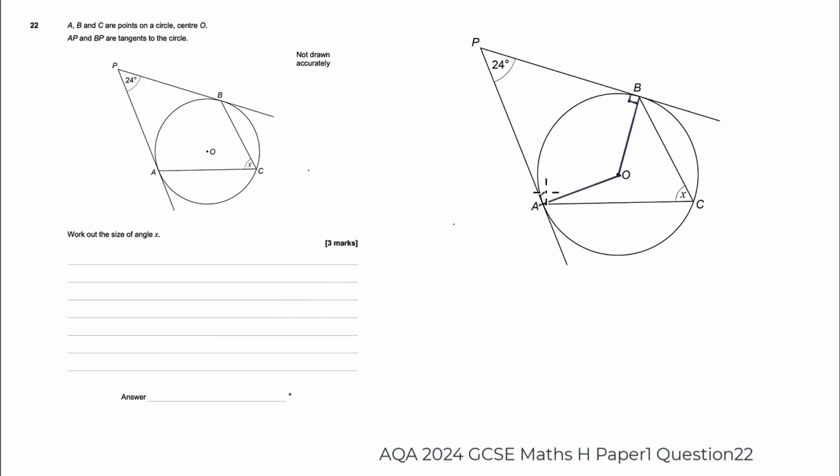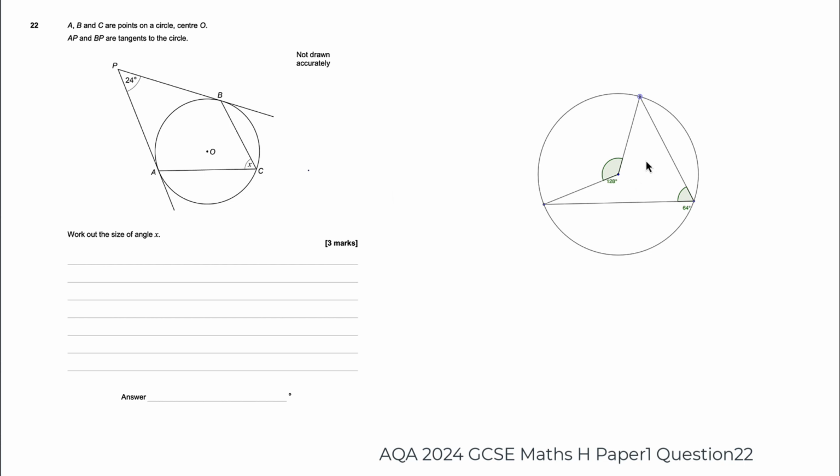And again, we have a right angle there. Now, the crucial part of this question is this angle here at the centre and this angle here out at the circumference. So let's have a look at a little animation showing this situation.